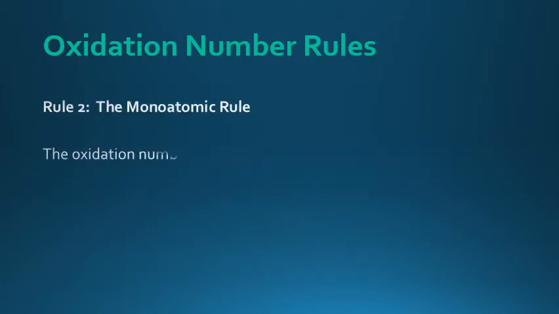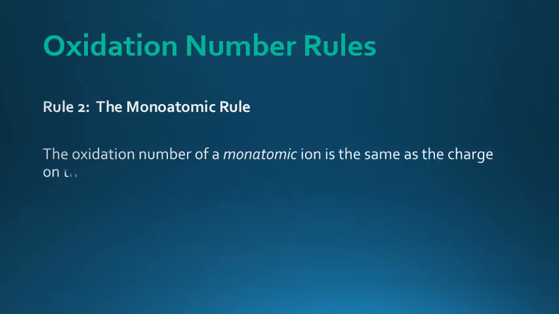The second rule is the monoatomic rule. Well, I should have probably called it the monoatomic ion rule, so I'm going to go ahead and add the word ion here. The monoatomic ion rule means that if you have mono, one ion, so one atom to one ion, then the oxidation number really is the same as the charge.